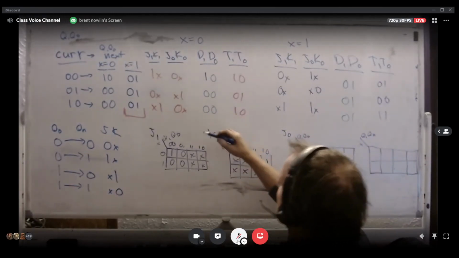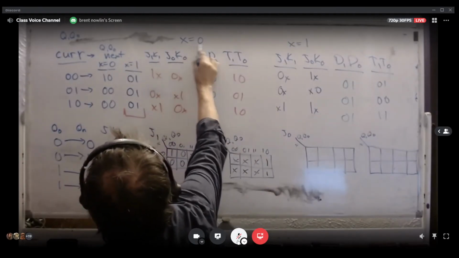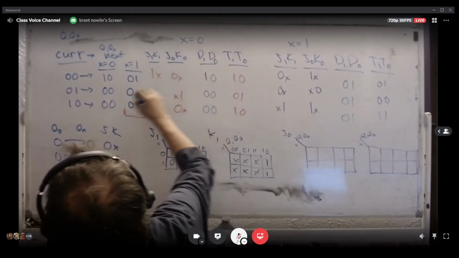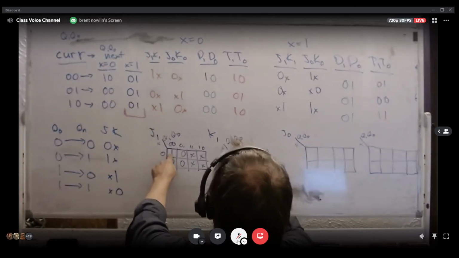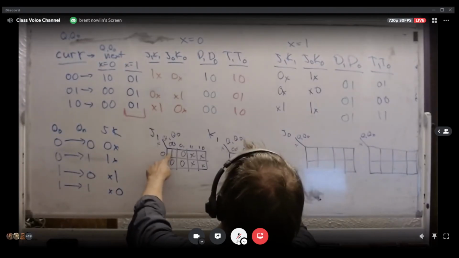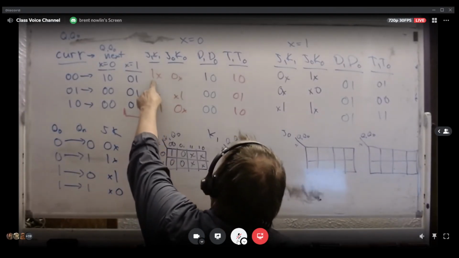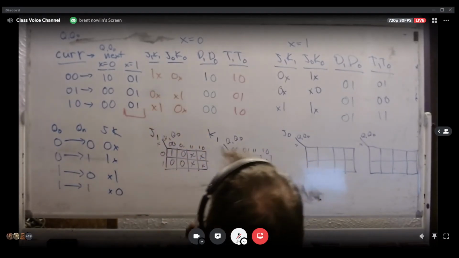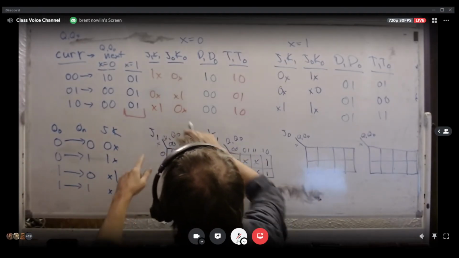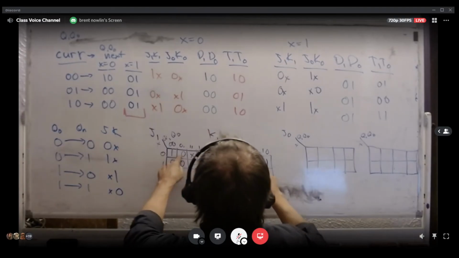So, if X equals 0, and we're in state 0, 0, that means we are here, in each map. J1 is 1, K1 is a don't care. Then if we go to state 1, again X equals 0, it's a 0, don't care.